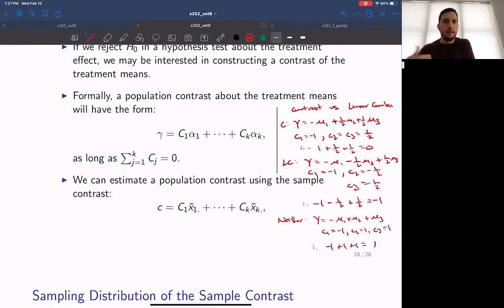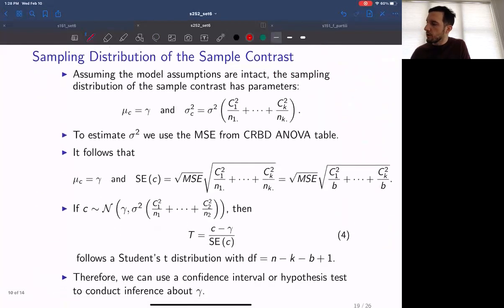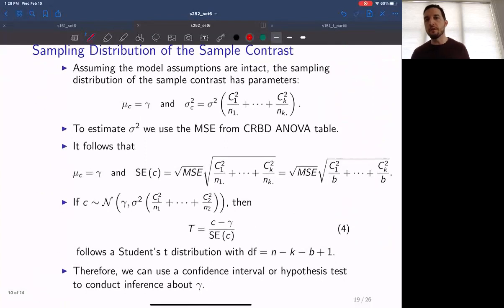All right, so again, the main reason that we're setting up the contrast here is just so that we can compare the treatment effect or the means of each level of the treatment. So the goal is exactly the same as it was in one-way ANOVA, and the process is going to be exactly the same. We start by defining a general contrast of the treatment means, which is what we have on slide 18, same definition as before. And then we can show that the sampling distribution of the contrast is exactly the same as it was from the one-way ANOVA.